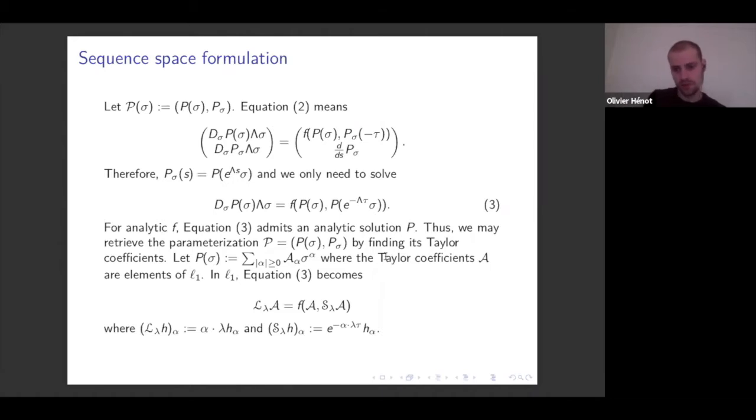So the Taylor coefficients of P are elements of L1. And if we turn equation 3 into the space of L1, we are getting this formula right here. So L sub lambda is just representing this operator here, and S sub lambda is just representing this rescaling that we're doing.